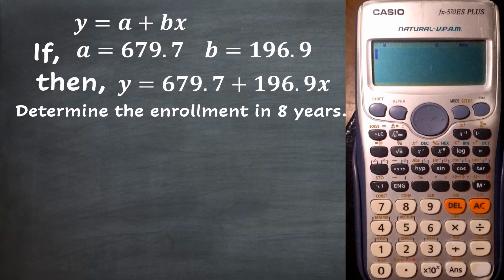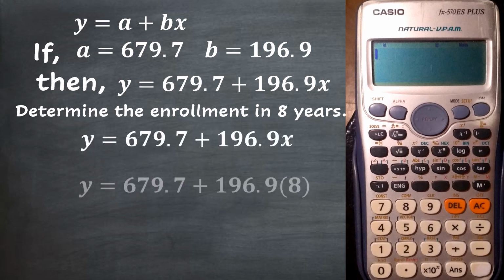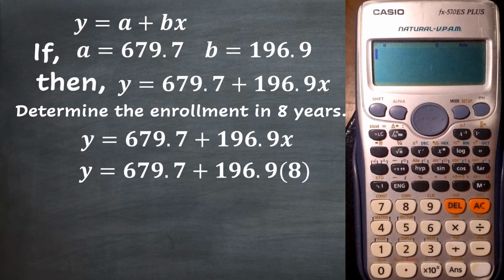After substituting the values of A and B in the given regression analysis equation, we can now solve for the value of y given the value of x, wherein in this problem we are asked to get the enrollment in 8 years, or yung ika-8th year, how many enrollees do we have. So using the regression analysis equation in this given problem, all you have to do is substitute the value of x and we simplify. Substituting the value of x, our regression analysis equation will be 679.7 plus 196.9 multiplied by 8.